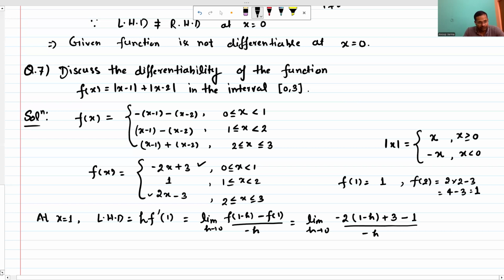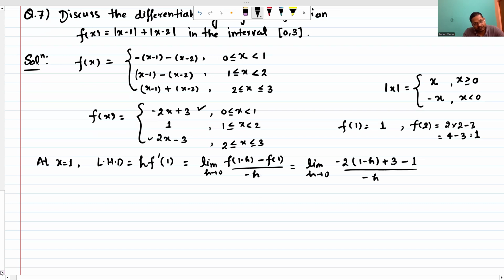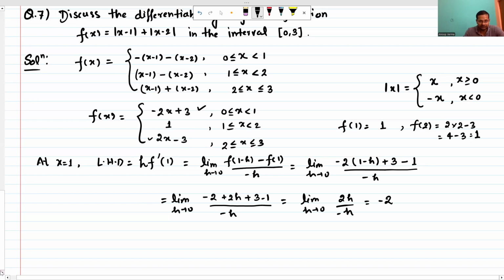So from here we get limit h tending to 0 of minus 2 plus 2h plus 3 minus 1, divided by minus h. The 3 and minus 1 cancel with the minus 2, so 2h upon minus h remains. h cancels with h and you will get minus 2. So the left hand derivative here is minus 2.